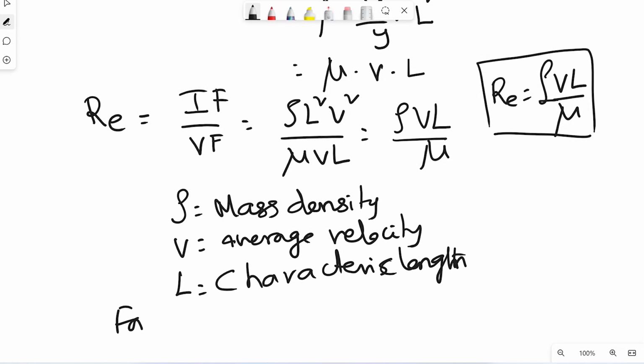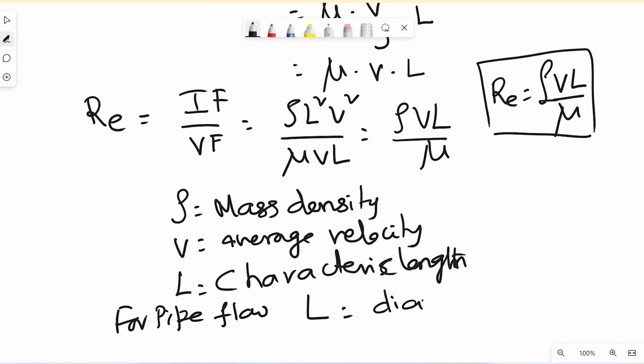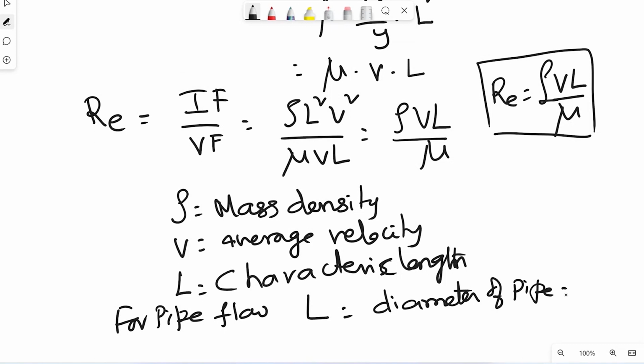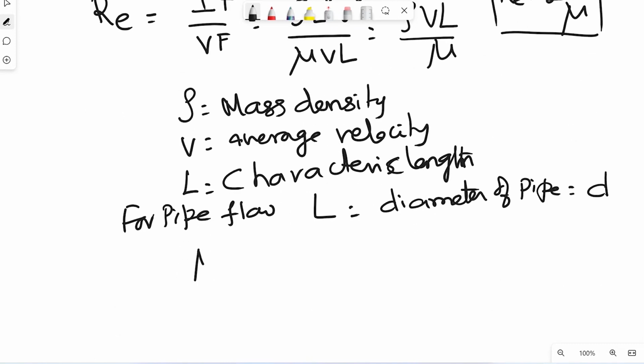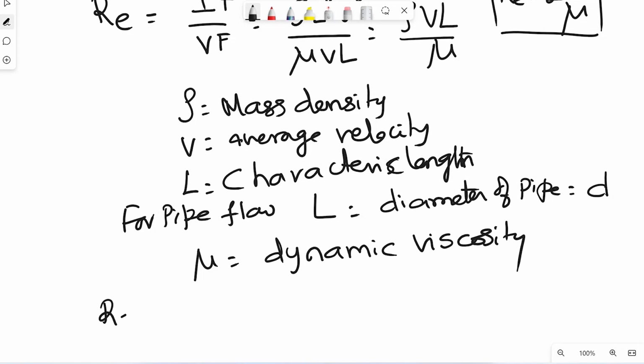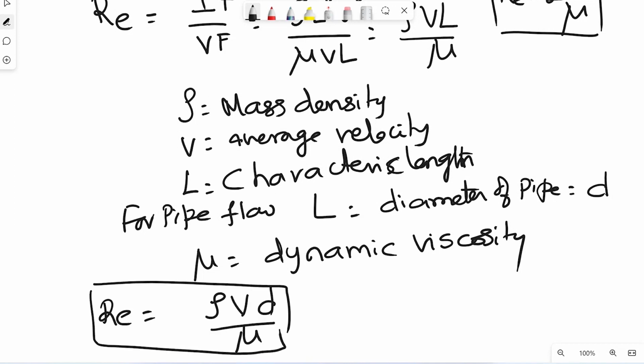For pipe flow, L is equal to the diameter of the pipe, which is D. Mu is the dynamic viscosity. Therefore, Re is equal to rho V D by mu. This is what we should remember.